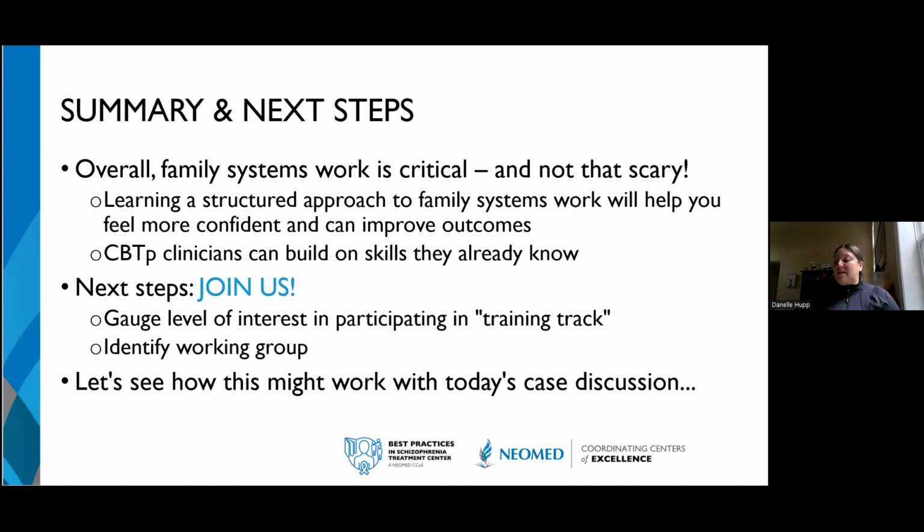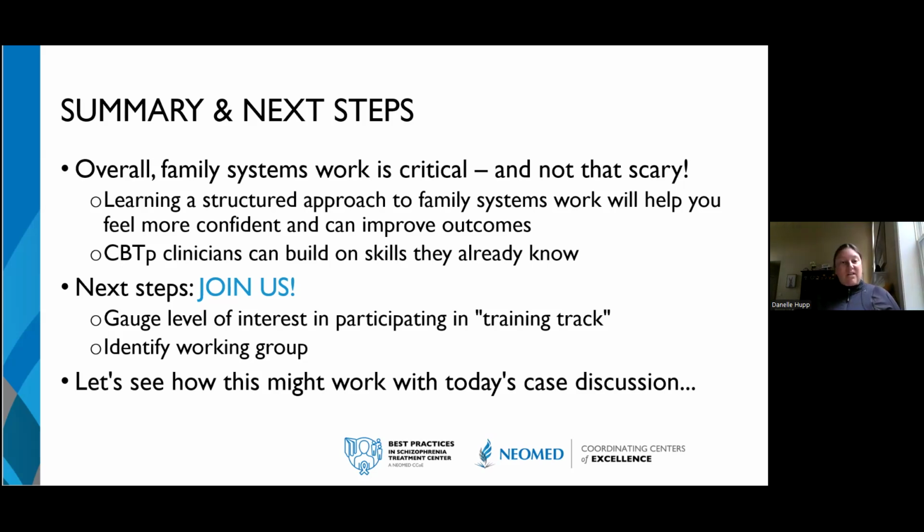Just translating those skills or generalizing those skills. So next steps, we're hoping you all will join us in thinking about this training track and then hopefully at some point join us on the training track. And so, today we wanted to take the opportunity just to get some feedback and level of interest, and if this is something that you feel would be helpful to you all as CBTP trained folks.